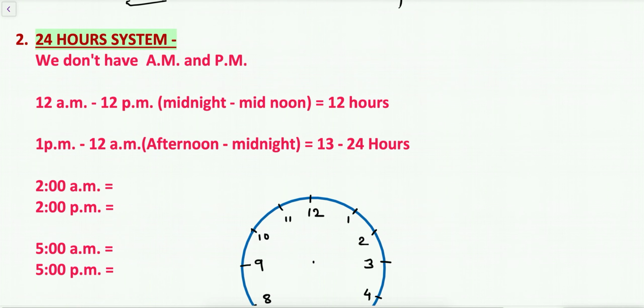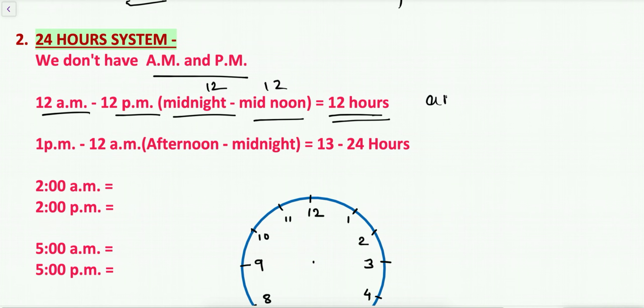Now the 24-hour system. In the 24-hour system, we don't have AM and PM. From 12 AM to 12 PM, that is midnight 12 to afternoon 12, it is the same as the 12-hour system, AM only. So the numbers will be 12, 1, 2, 3, 4, 5, 6, 7, 8, 9, 10, 11, 12.